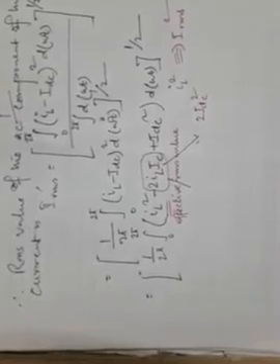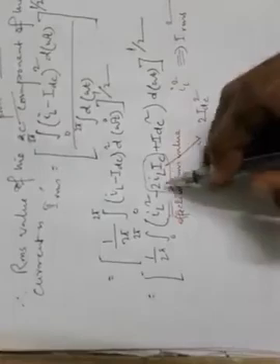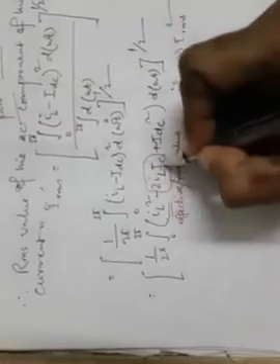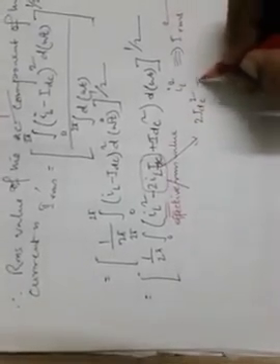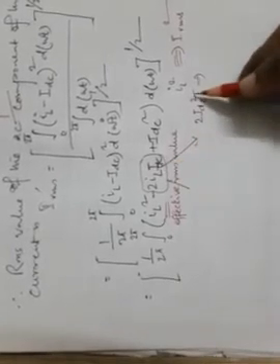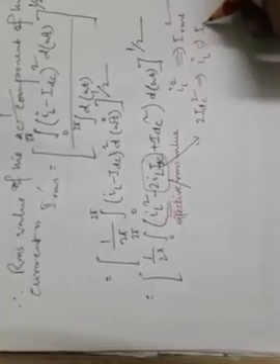Because one thing I have written wrong: this is IDC, one IDC is here. That means IL is nothing but my IDC, so it can be written as 2 IDC square.